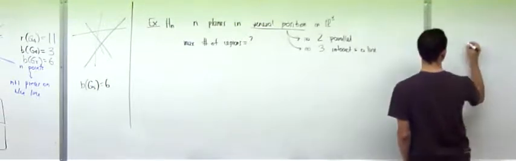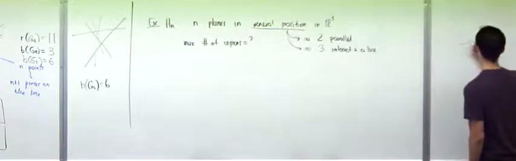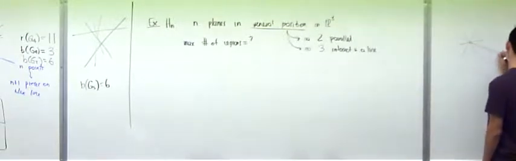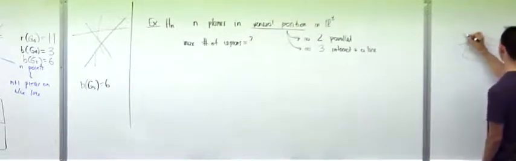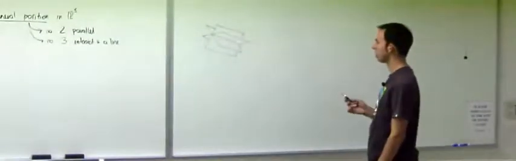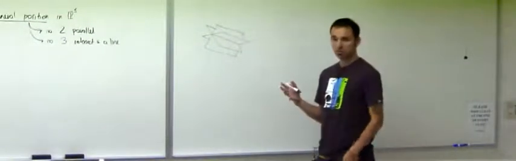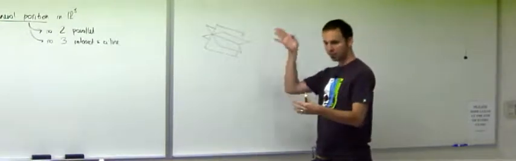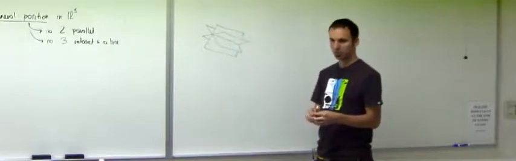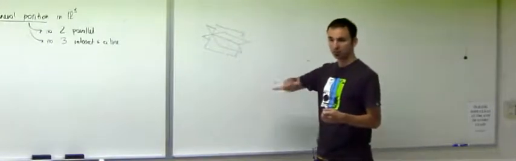So if you have three intersecting in a line, you have something like this, and that's creating 6 regions. But if you tweak one of them just a tiny bit, then you have 3 planes intersecting in a point, and that's going to look like the octants, the coordinate planes, and it's going to have 8 regions.